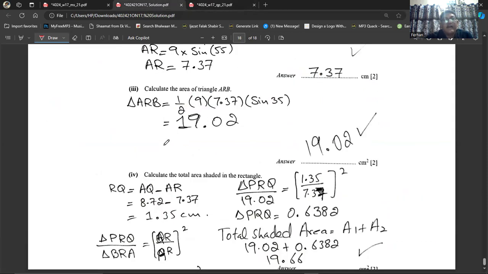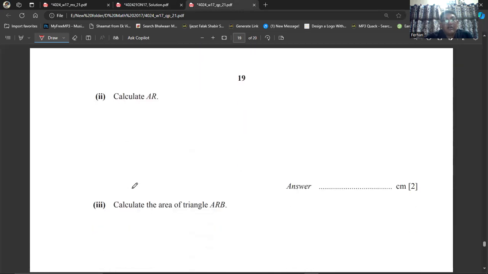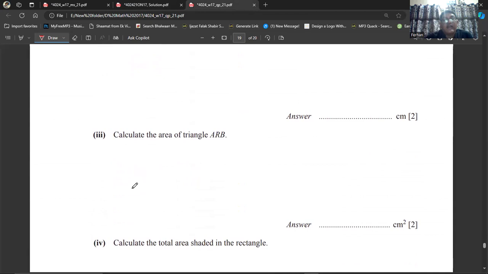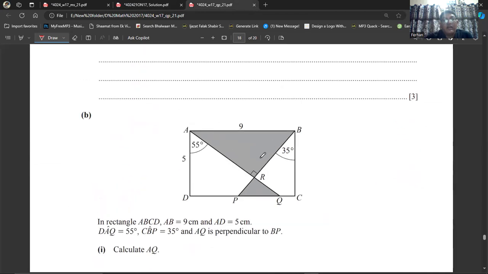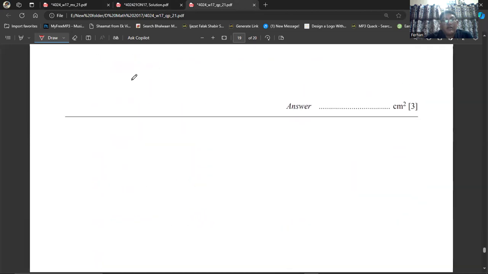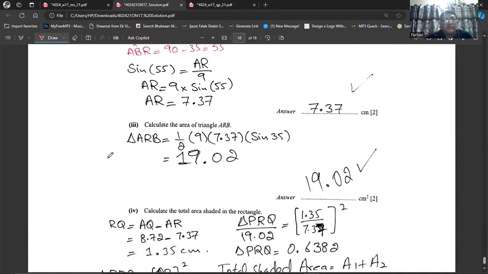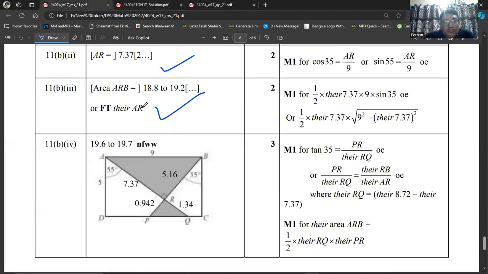Then the question is: calculate the area of the triangle ARB. The area of the triangle ARB will be 1 by 2 into 9 into 7.37 into sine of 35, and that will be 19.02, which is approximately 19.2. So our answer is right.